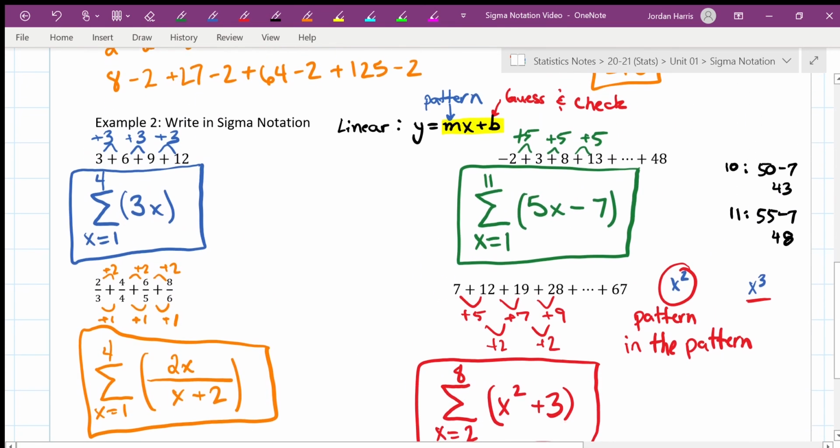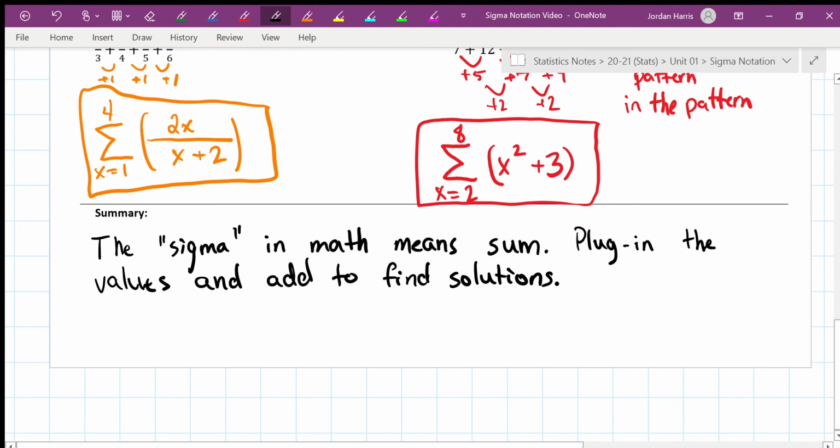And then the second thing we did was we looked for patterns to write sigma notation.